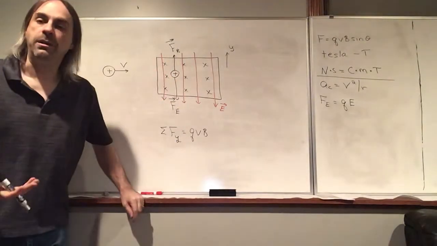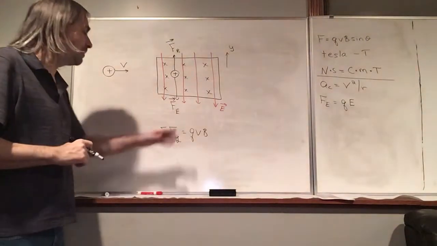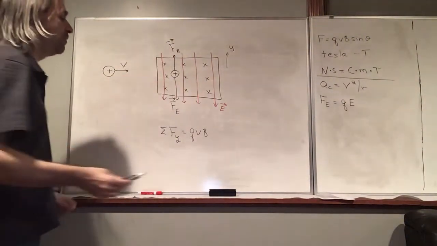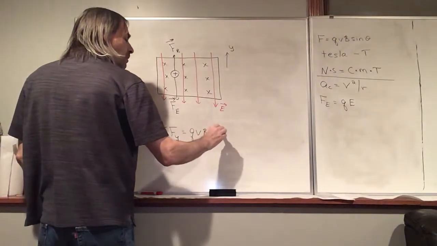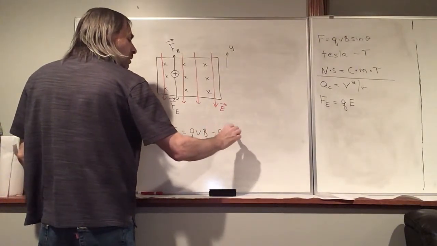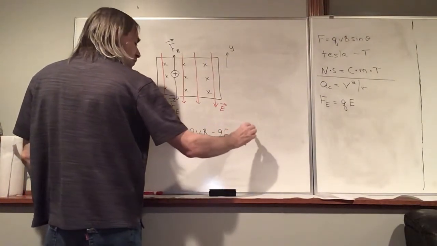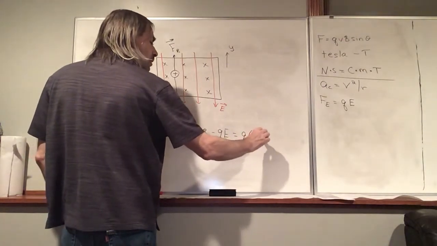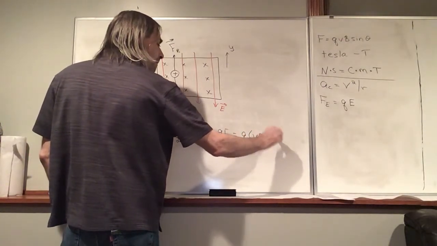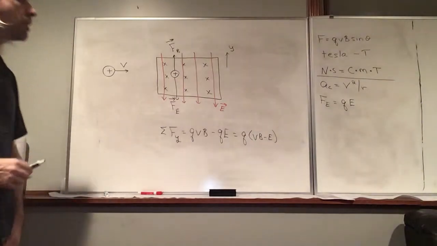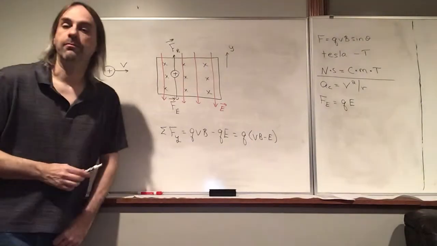So the angle is 90 degrees. Sine of 90 is 1. So the upward force is QVB. The downward force is QE. Now we can factor the Q out if we like. So that would be the net force in the y direction.